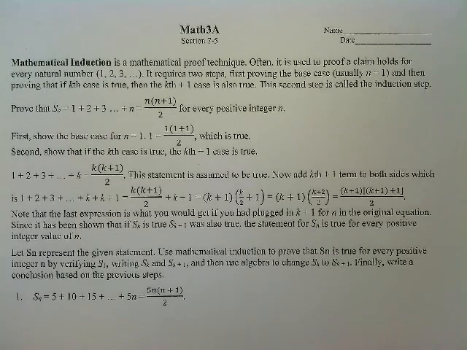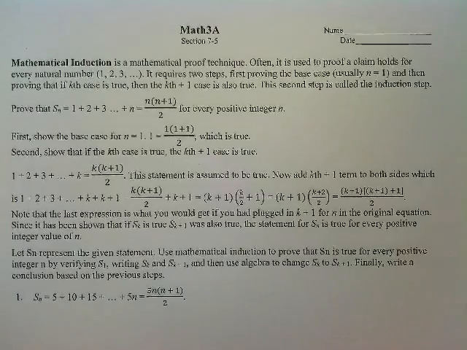Now, we want to let S sub n represent the given statement. Use mathematical induction to prove that S sub n is true for every positive integer n by verifying S1 and then writing Sk and S sub k plus 1, and then using algebra to change Sk to S sub k plus 1. Finally, write a conclusion based on the previous step.